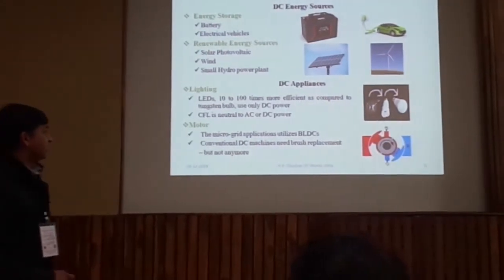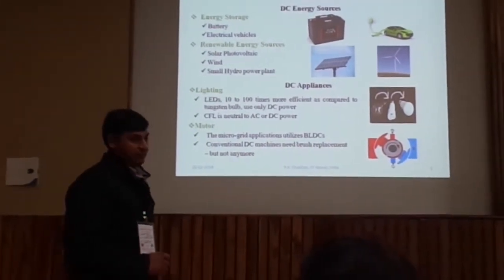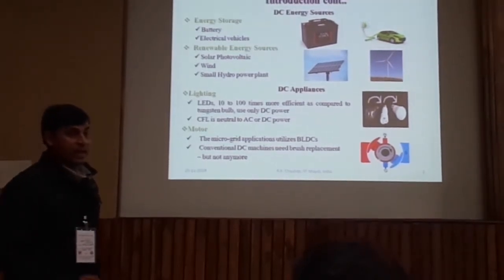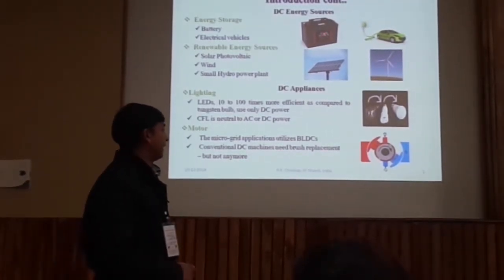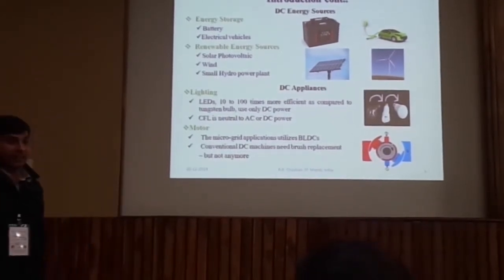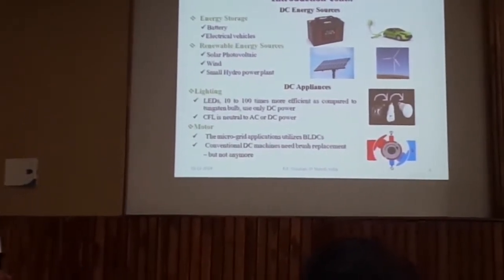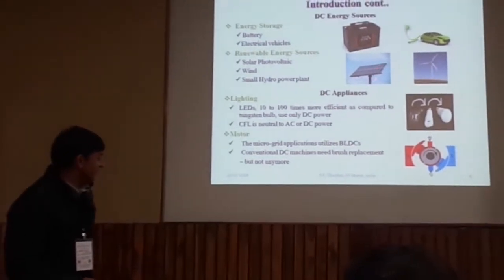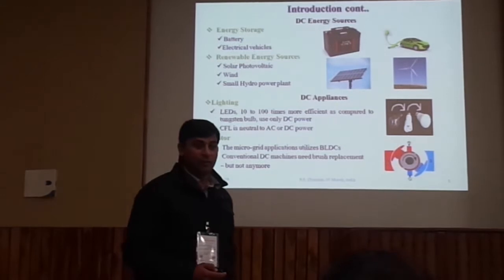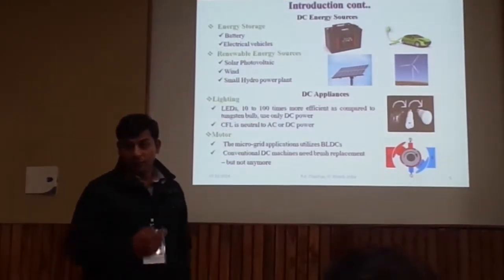Energy storage devices, batteries and electric vehicles, are basically DC in nature. If we have a DC distribution system, then we can connect these storage devices directly without introducing any converter. Then there are renewable energy sources. These are much more compatible and can be generated very close to our load side.